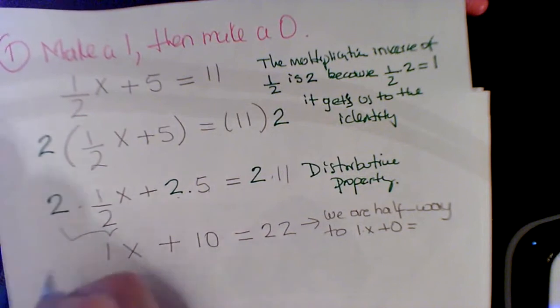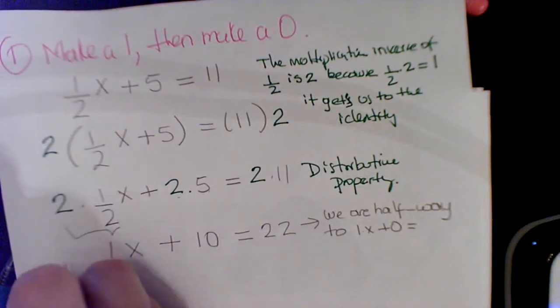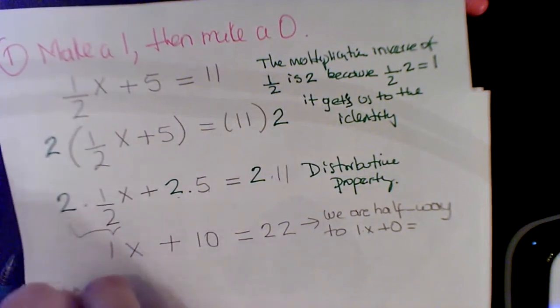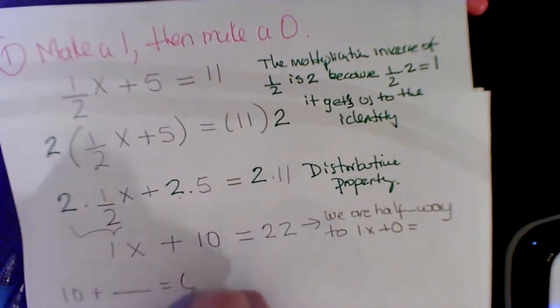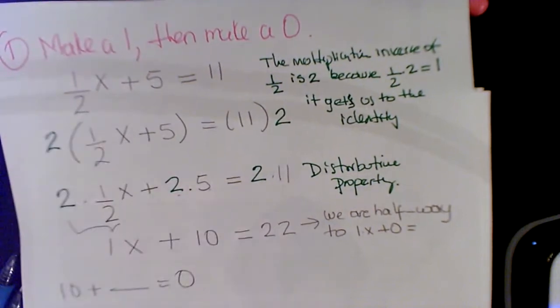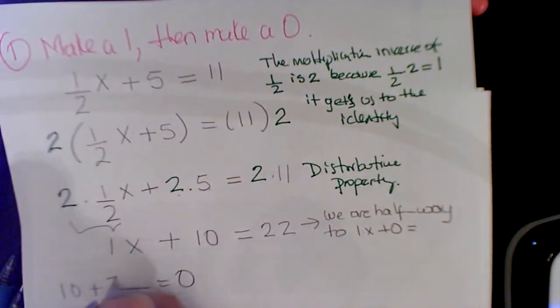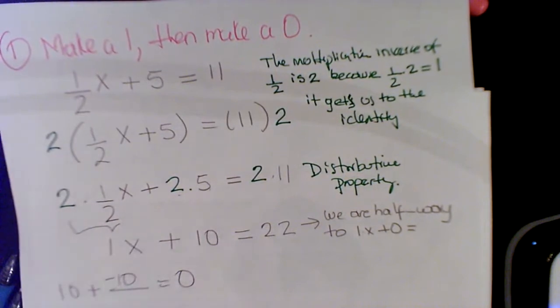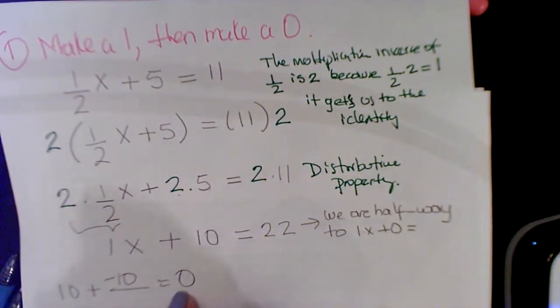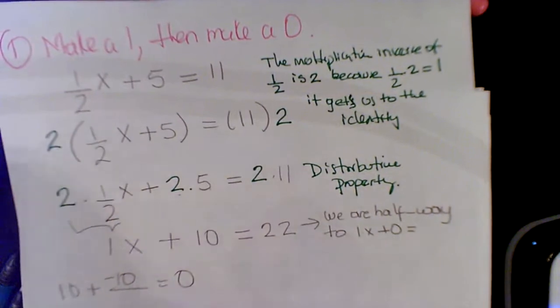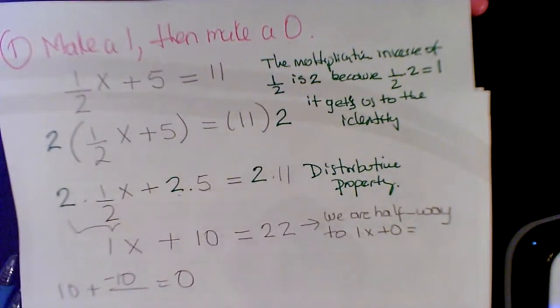It's okay, I'll write it down here. So what number will do the 10 plus what will give me 0? That will be the additive inverse of what? Of negative 10. So we need to add what? Negative 10 to both sides of the equation.